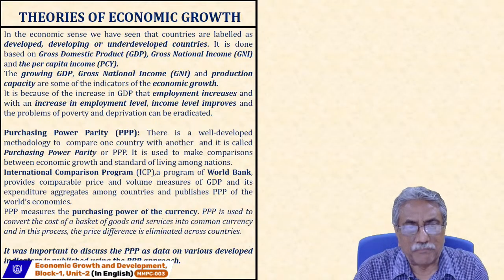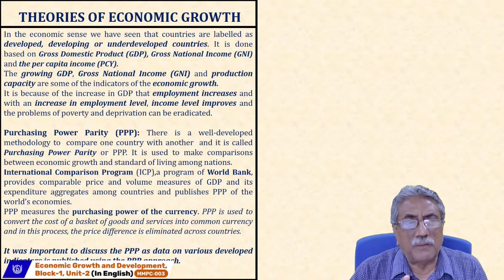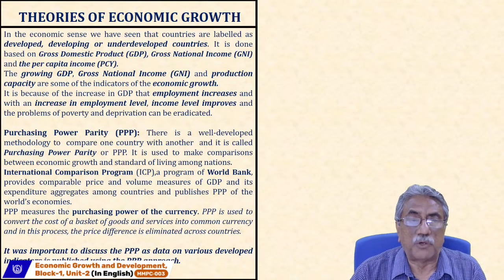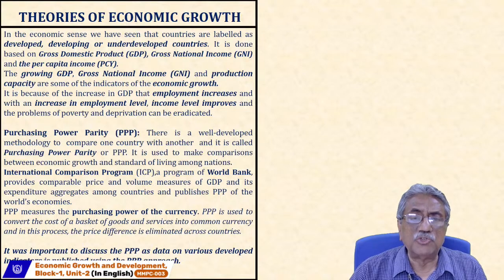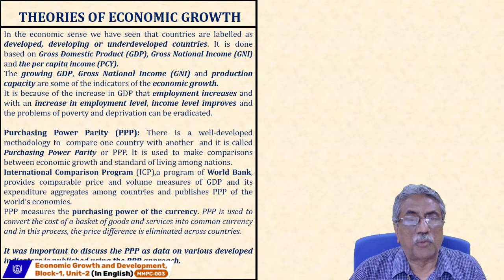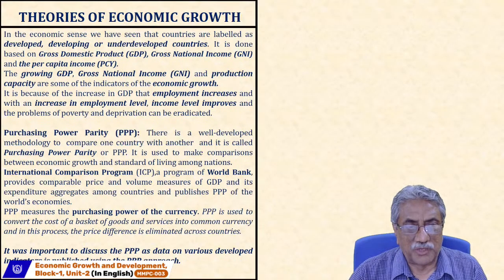There should be a parity. Okay. So there is a well-developed methodology to compare one country with another, and it is called purchasing power parity. It is used to make comparisons between economic growth and standard of living among nations. So we can compare the standard of living, etc.